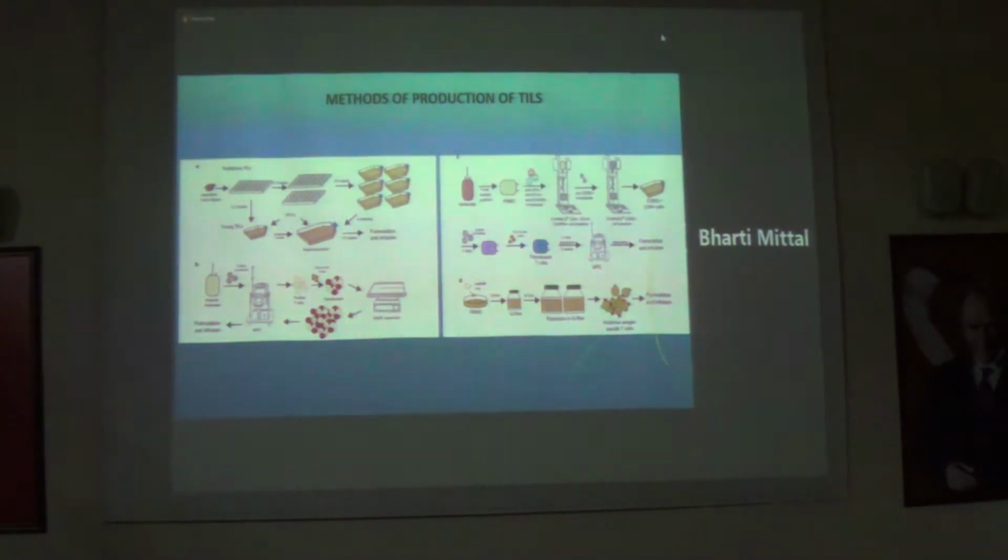So an improved method has been developed, listed in C and D. These processes take less time and are more refined than process 1. In all these processes, we harvest the lymphocytes from the patient and enrich only for the specific T cells.